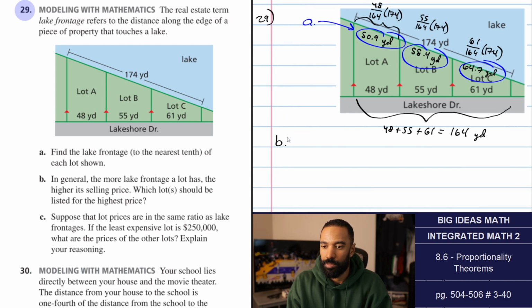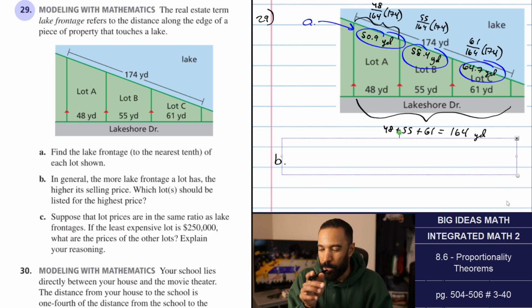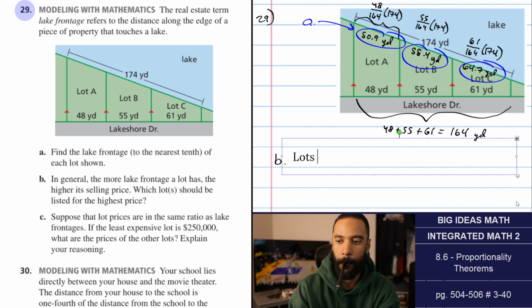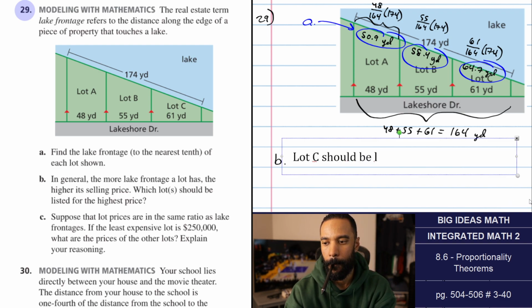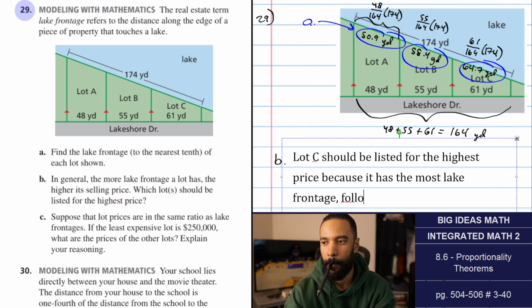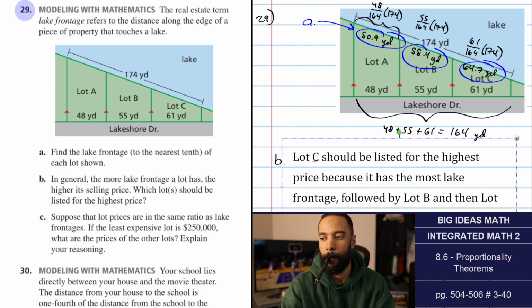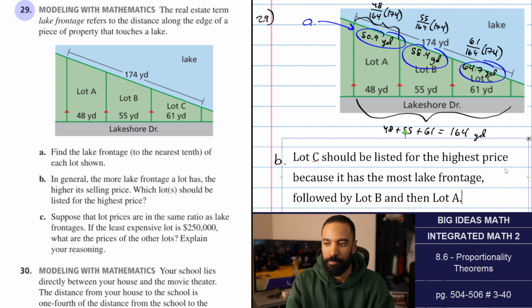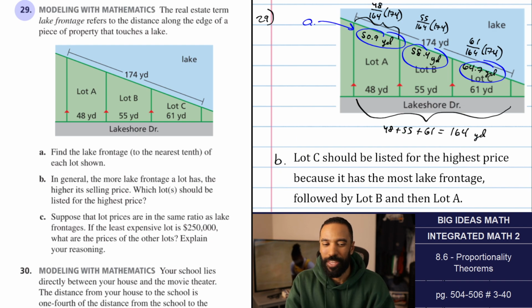So, yeah, lot C. I mean, I don't really know if I'm messing something up there. It just seems like an obvious answer. Okay, so there's part B.